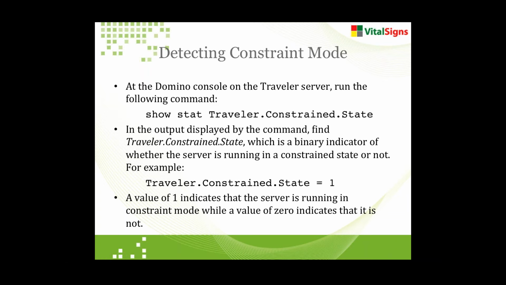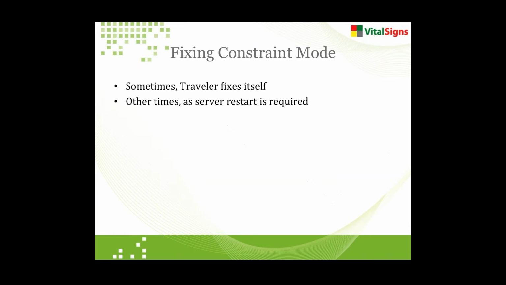Well, the only way that you can know whether your Traveler server is running in constraint mode or not is to periodically query it with the stat request of showstat Traveler.Constraint.State. And that's a binary, so it'll either return a 1 or a 0. If it's a 1, the server is in constraint mode, and if it's a 0, it is not in constraint mode. Now, how do you fix that?